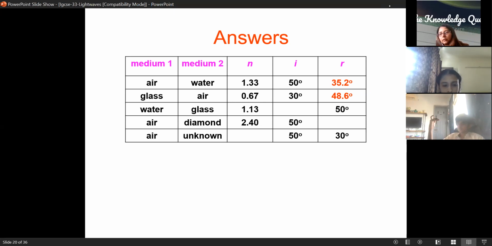Haven't you done it? I have, but it takes time to put it in my calculator. I only did it till the second question. Okay, can we do the rest of the questions on our own? These are simple questions, you just have to find the values.